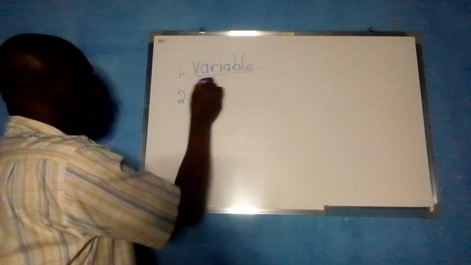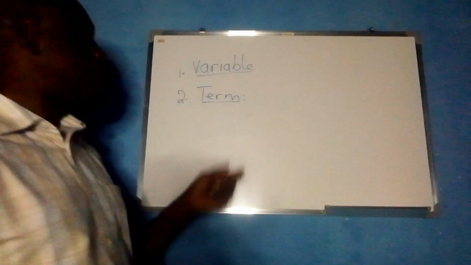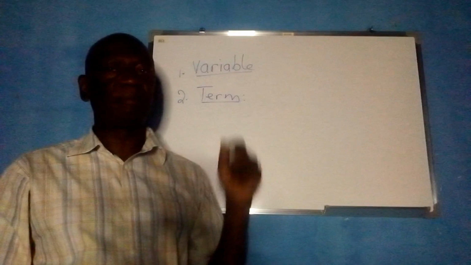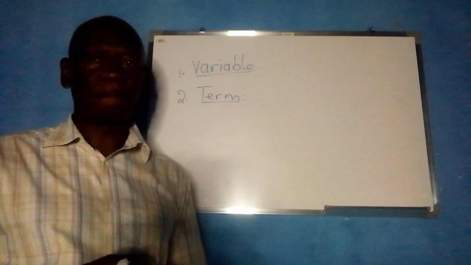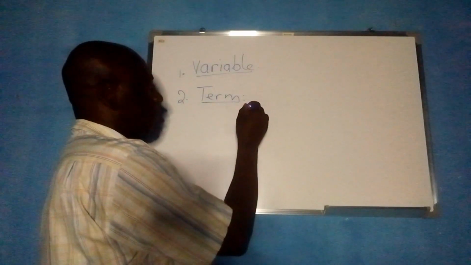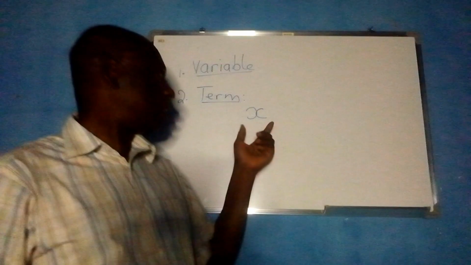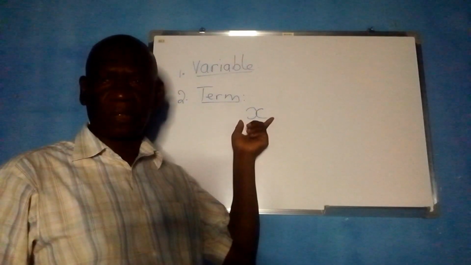The second is the word term. Now, this word term is when I have written, for example, x. This x alone is called a term.